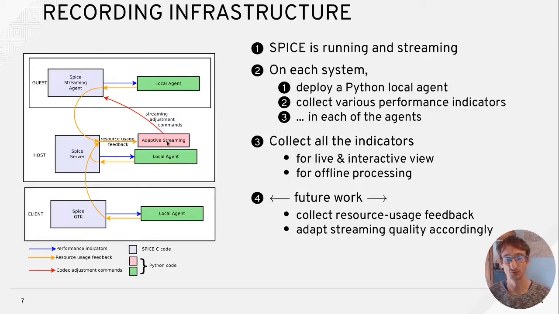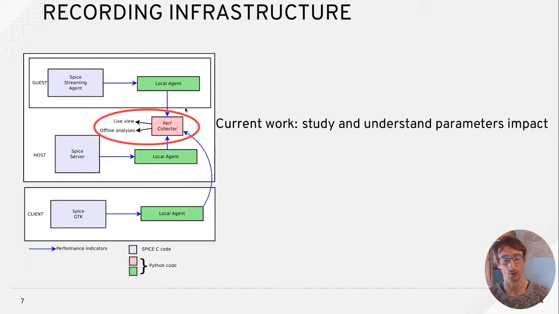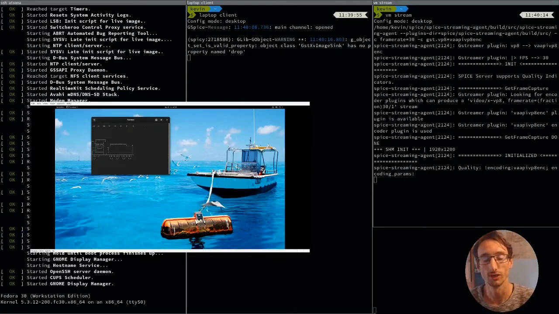The adaptive streaming processor will analyze this feedback and adjust the streaming quality based on its understanding of the situation. But for now, the current focus is really on the performance collection and the analysis to understand the impact of the different parameters. So now let me connect the recording infrastructure to Spice components.